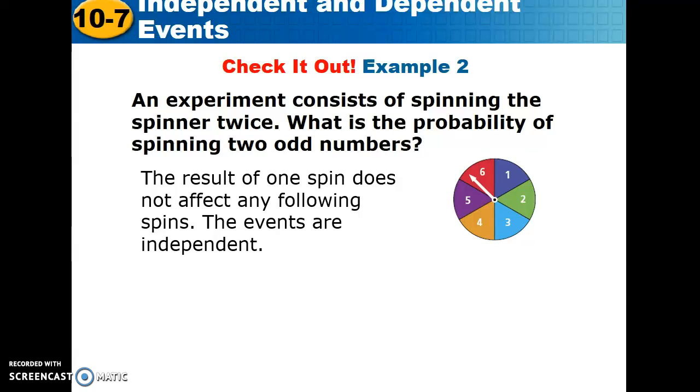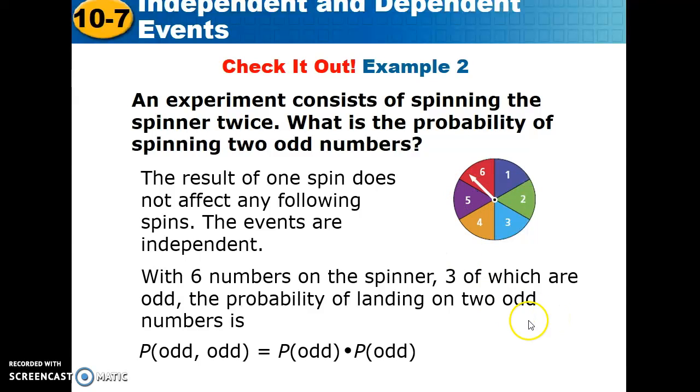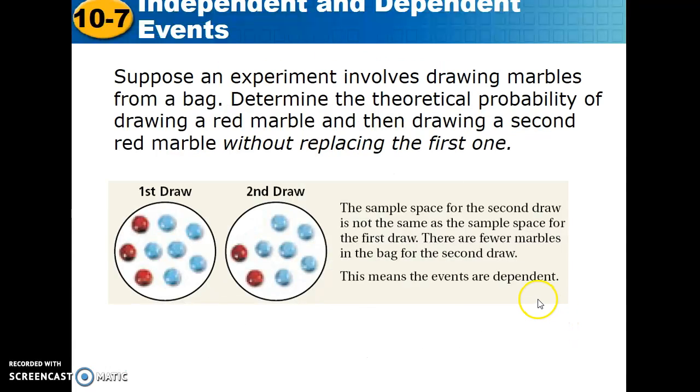We can't remove it, so these events are independent. The probability of spinning an odd, we have 1, 3, and 5, is 1/2. Half of the segments are odd. So the probability of odd followed by odd would be 1/2 of the segments multiplied by 1/2 of the segments, or 1 out of 4.